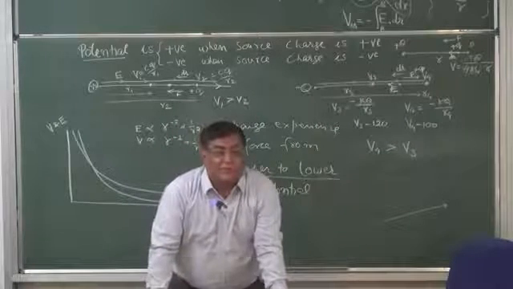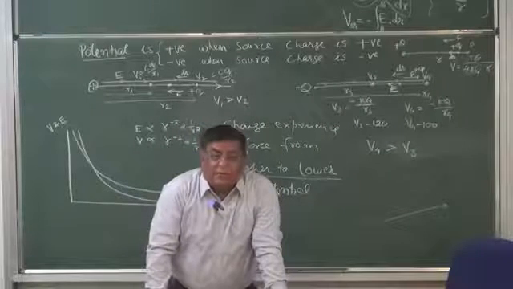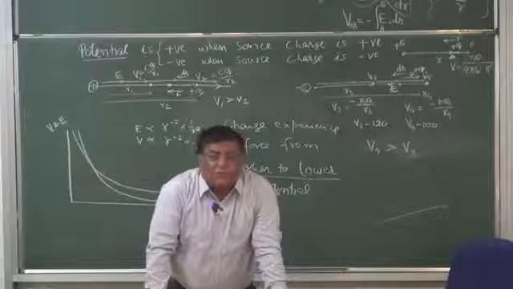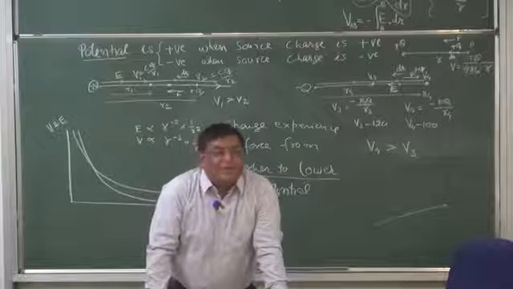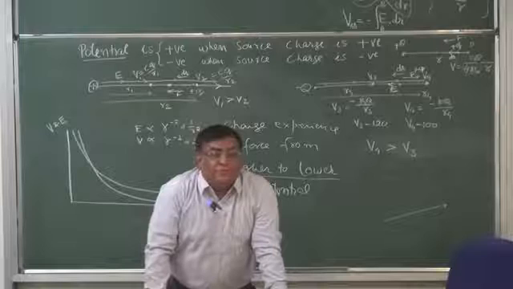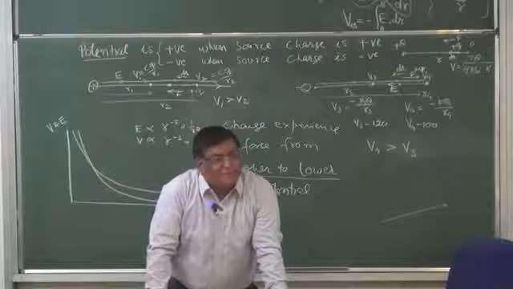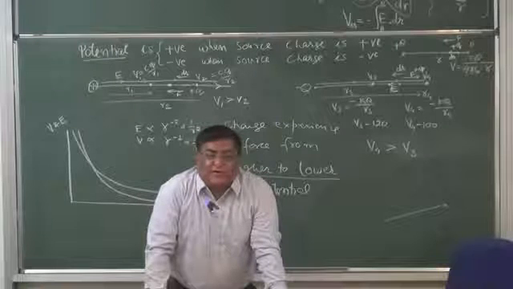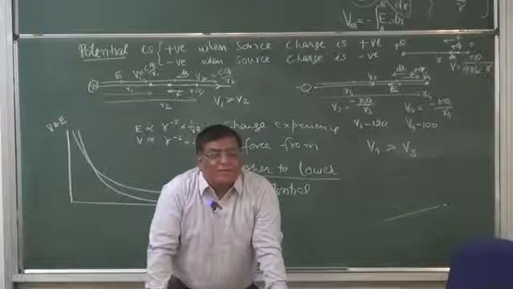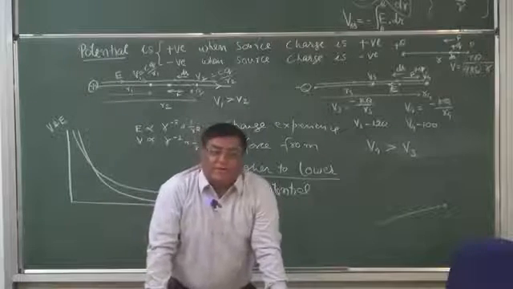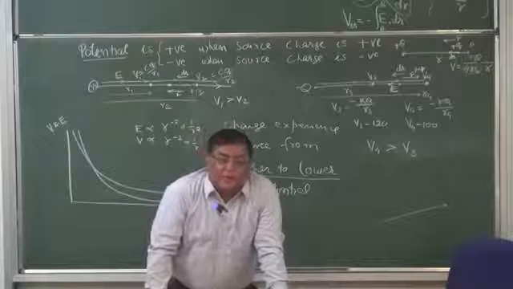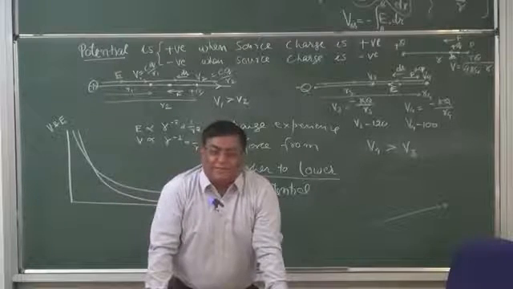So, what is the direction of the electric field? From higher potential to lower potential. That is why the charge will move, because positive charge always moves along the electric field, and positive charge is moving from higher potential to lower potential. So the electric field is also from higher potential to lower potential.